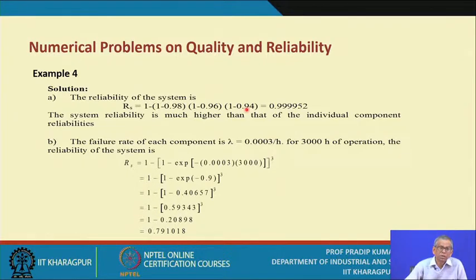That means if the component reliability you cannot improve beyond a certain value, but you cannot compromise on the system's reliability, the best option is to have a parallel configuration.